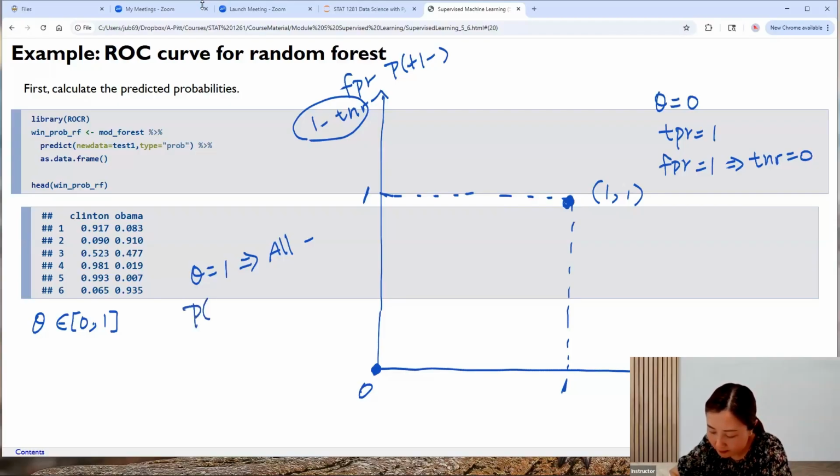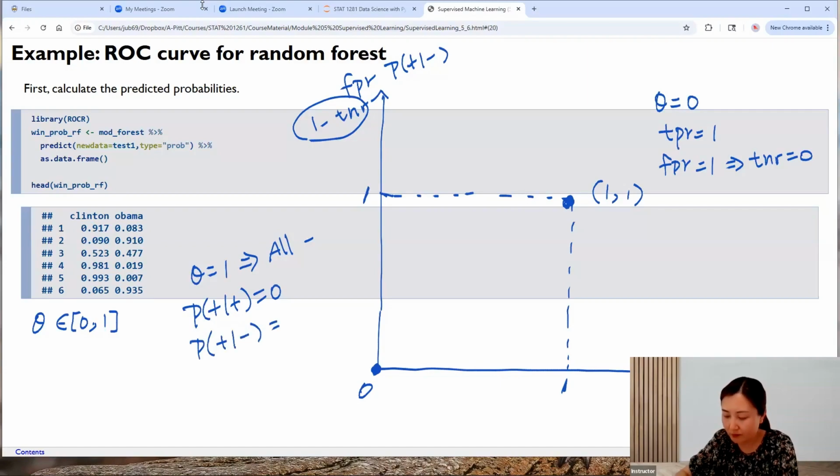Then probability of positive given positive will be equal to 0, because it's not possible to predict the positive value at all. And at the same time, probability of positive given negative is also equal to 0. So true positive rate is 0 and false positive rate is also 0, which apparently corresponds to this point, 0, 0.